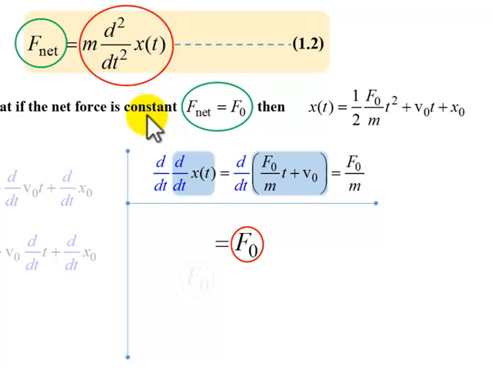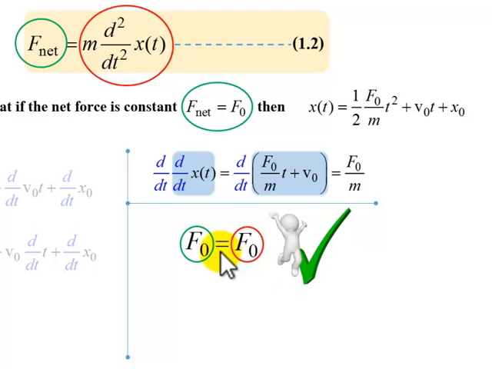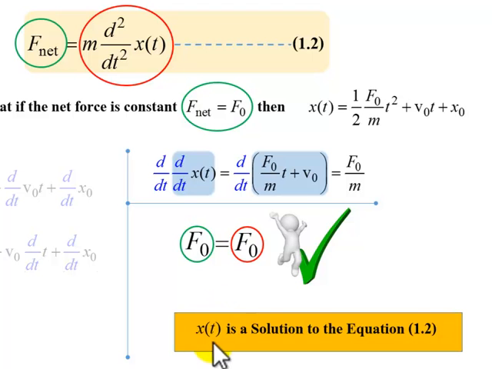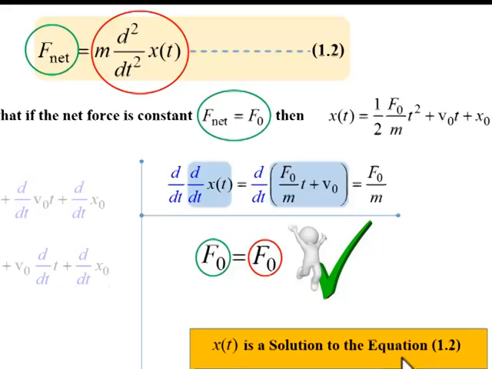By comparing the left-hand side and the right-hand side, we clearly see that the equation holds true. Therefore, we conclude that the function x of t describes the motion of an object in one dimension if the net force is constant. In other words, we say that the function x of t is a solution to equation 1.2.